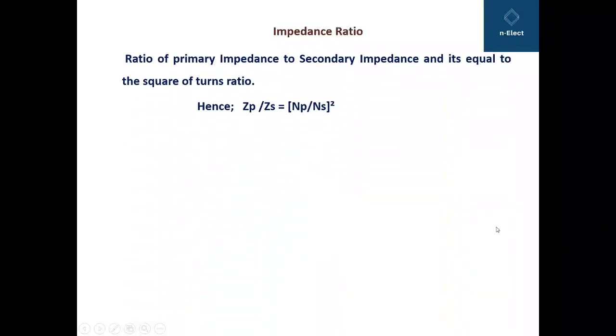Impedance ratio is one of the most important parameters of the transformer. It is the ratio of primary impedance to secondary impedance, and it is equal to the square of the turns ratio. Hence it can be written as Zp upon Zs, that is the impedance of the primary divided by the impedance across the secondary, is equal to the number of turns of the primary divided by the number of turns of the secondary, whole squared.